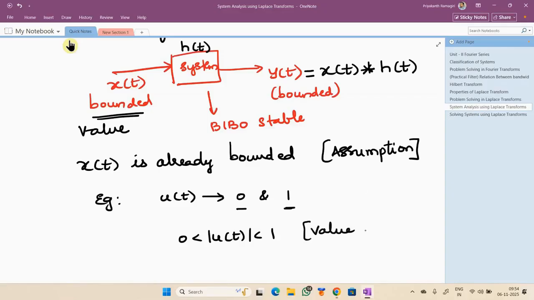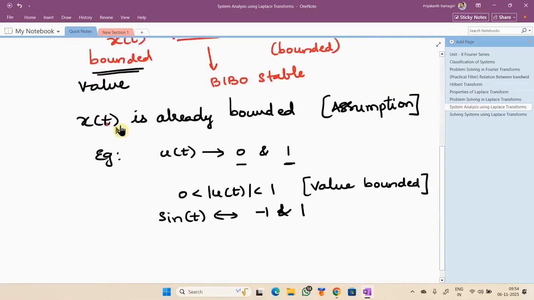So bounded input means the values of the signal should be bounded. It is not about time bound. I hope I made it clear again. It is value boundedness. Similarly, I can quote one more example. Sin t. The value of sin t lies between minus 1 and 1.